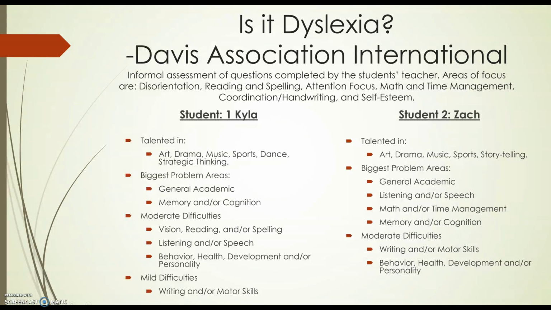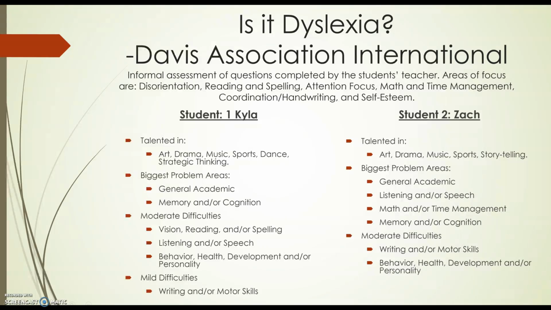she is talented in art, drama, music, sports, dance, and her strategic thinking. Her biggest problem areas are in the general academic, memory, and or cognition. She has moderate difficulties with vision, reading, and or spelling, listening and speech, behavior, health, development, and or personality, and she has mild difficulties in writing and her motor skills.